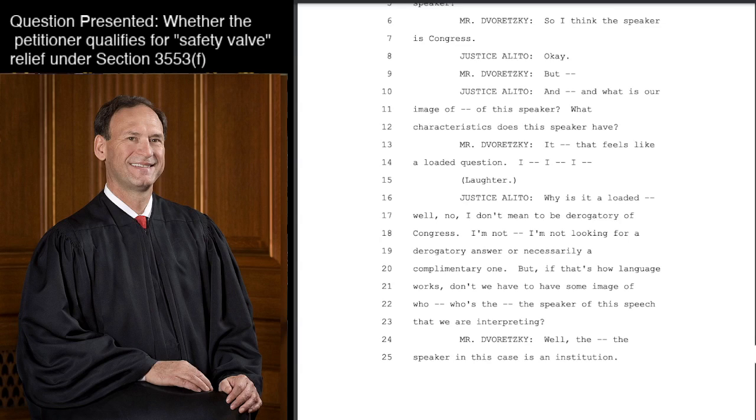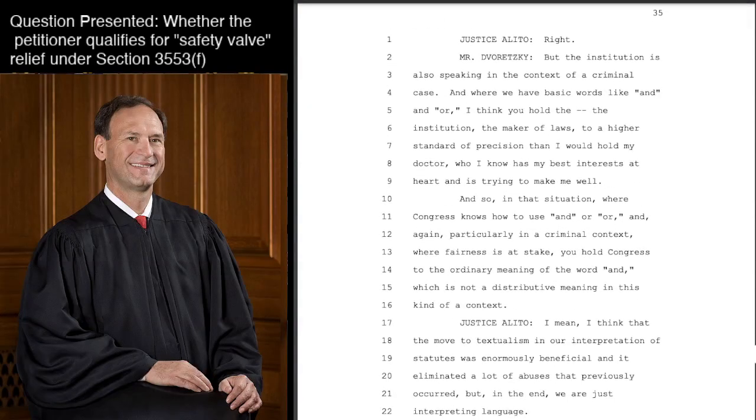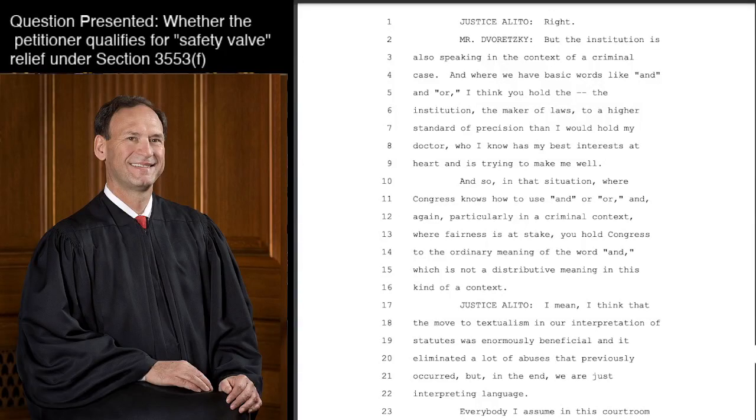But if that's how language works, don't we have to have some image of who's the speaker of this speech that we are interpreting? Well, the speaker in this case is an institution, but the institution is also speaking in the context of a criminal case, and where we have basic words like and or.